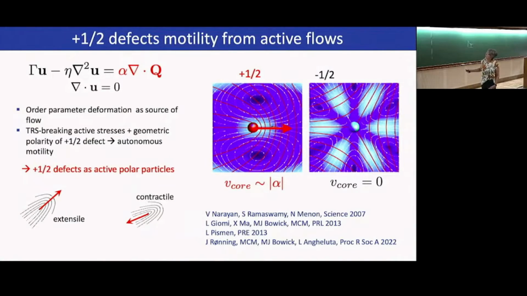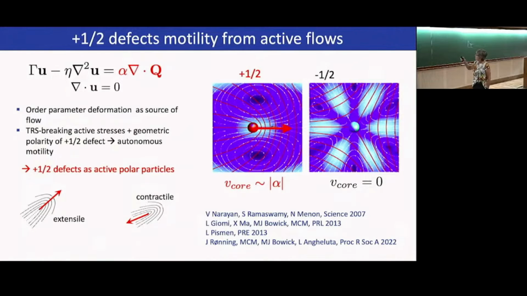And for the +1/2, which is not symmetric, the flow is these two vortices, and therefore is non-zero at the core, and the defect rides along essentially with the flow it itself generates, like an active polar particle. And the direction of motion actually depends on the nature of the active stresses. For the -1/2, the flow is even more complex, but is zero at the core by symmetry, and so the -1/2 is sort of a passive particle, let's say.